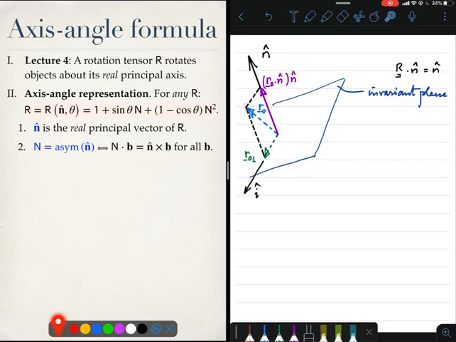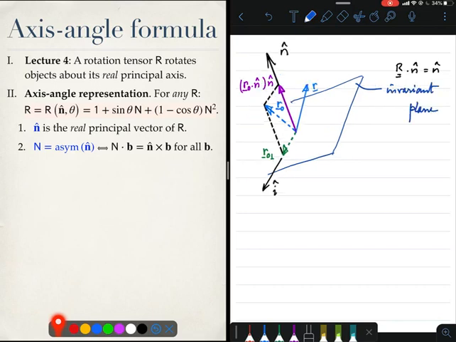So let's draw that. This R will come out to be some vector here, the new R. We had R0 and now it has become R, and it has moved on this cone.